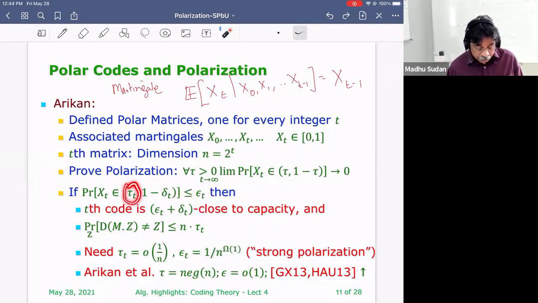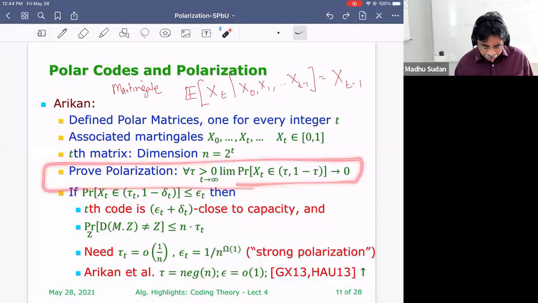We really want to create martingales which in t steps will satisfy the property that n times tau is much less than 1. It's almost 0. So we want tau to be doubly exponentially small in t, because n is exponential in t. It should be smaller than 1 over 2 to the t. It should be like 1 over 4 to the t, 10 to the t, 100 to the t, etc. This behavior is what we will try to analyze for a particular martingale.